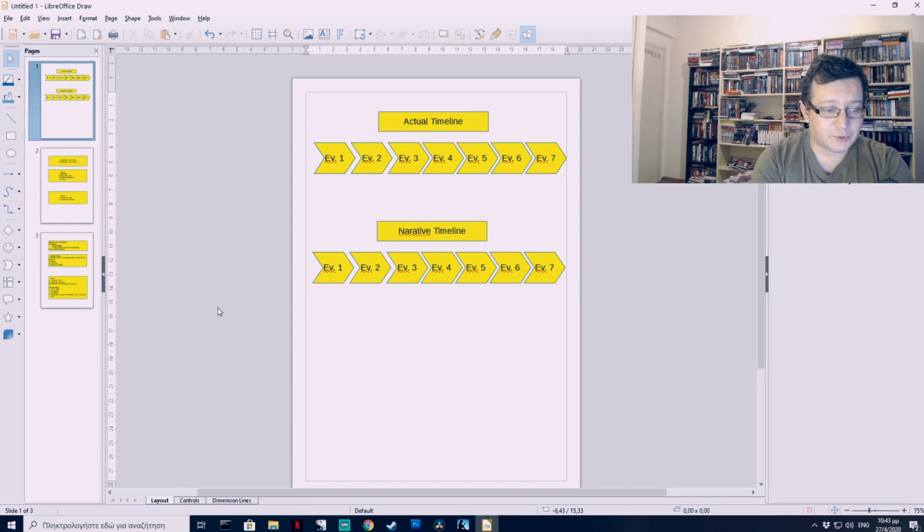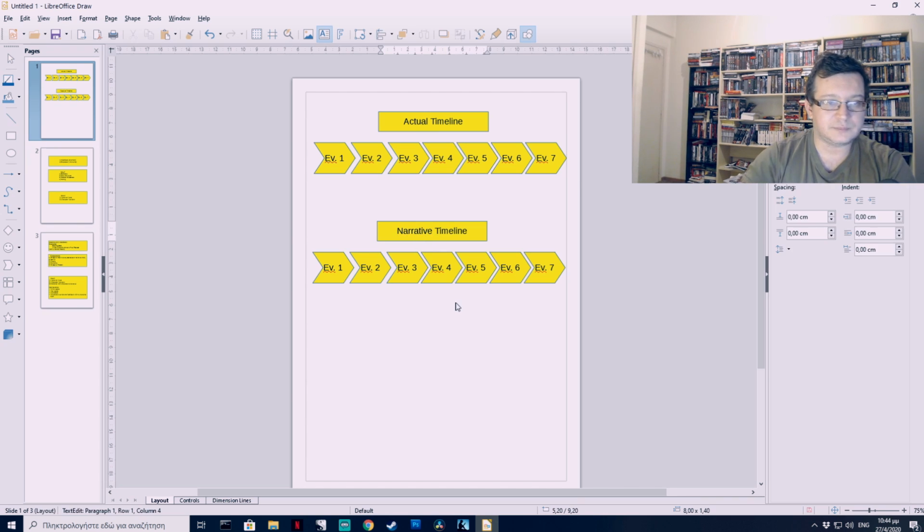Alright, so each story is comprised of two timelines. The actual timeline, meaning the events that happen within the story, event 1, event 2, event 3, event 4, etc. And we have the narrative timeline, which was misspelled as you all saw, and this is how the events are presented to a reader, the order in which these events are shown within the story.